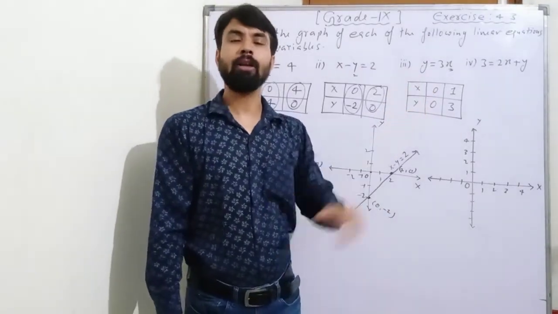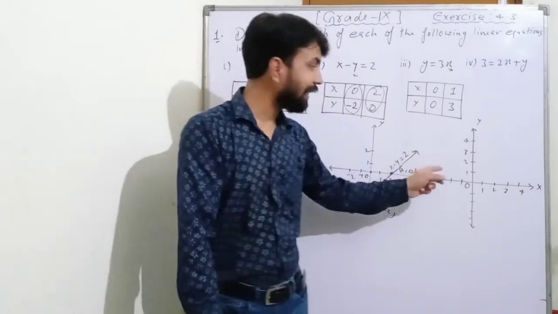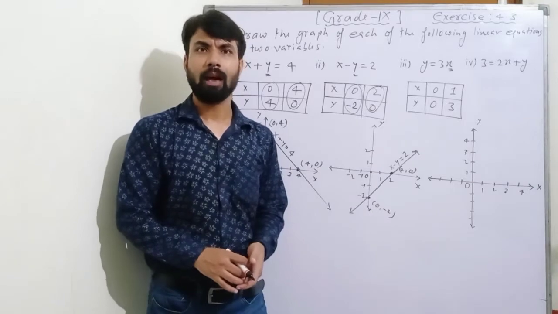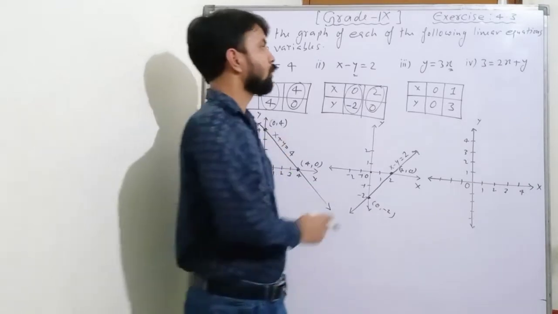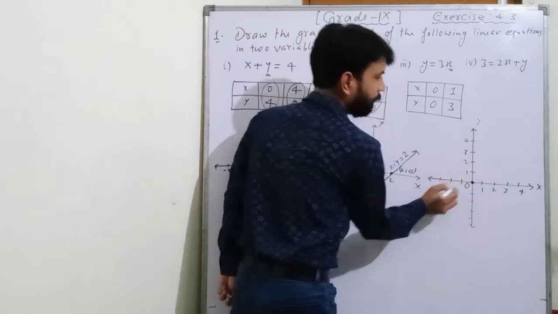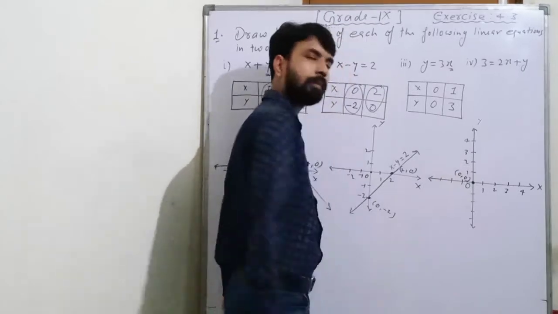And what is origin? Origin is the intersection point of the coordinate axis. I have already explained this in coordinate geometry. Have you remembered this? Yes. So 0 comma 0, this is a point on origin.